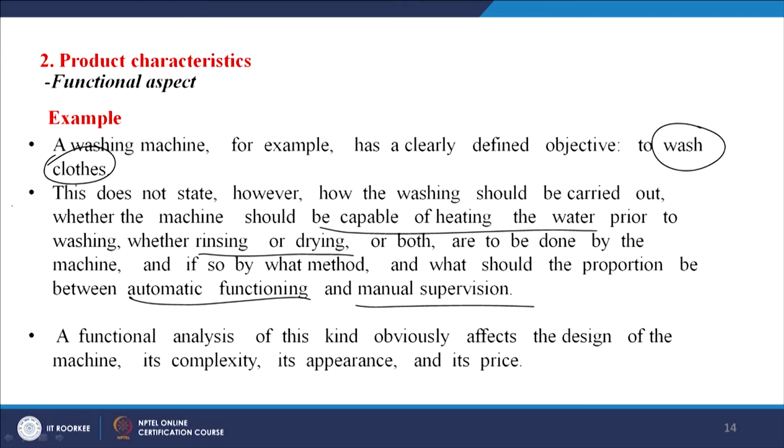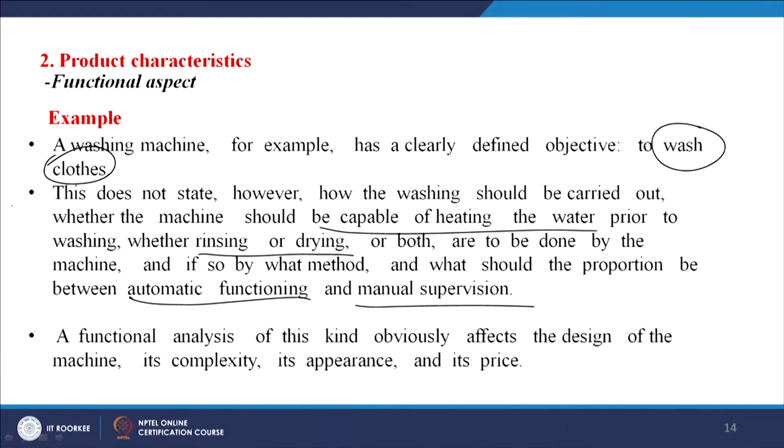So washing machine is to wash clothes, but there are other functions also: heating or cooling of water, then rinsing or drying has to be done or not, whether it will be automatic operation or a manual supervision is required. So all these things also fall under the functional scope of our product. A functional analysis of this kind obviously affects the design of the machine, its complexity, its appearance, and its price.